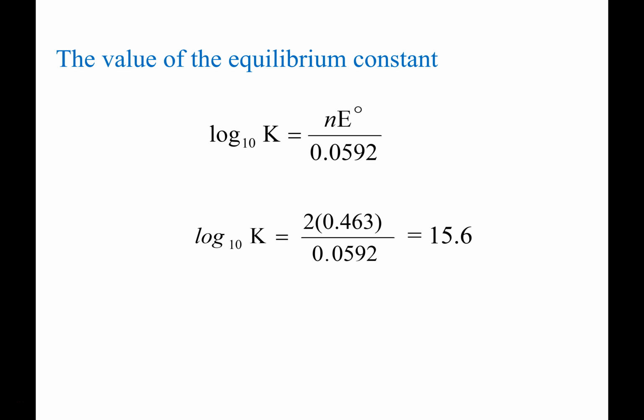Now we've had to do this before. We're after K, which is the log base 10 of K. Remember, what we've got to do is take 10 raised to this power equal to 10 raised to this power, and then what this becomes is K. Remember that fun little trick?